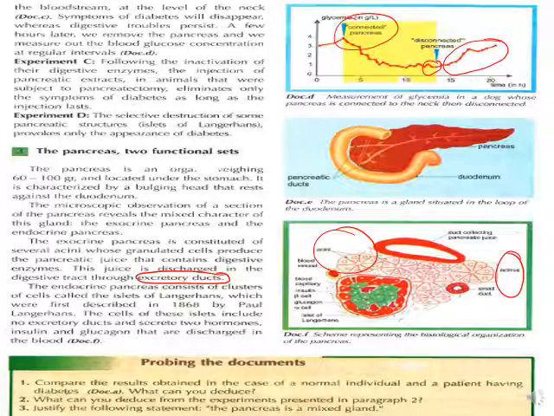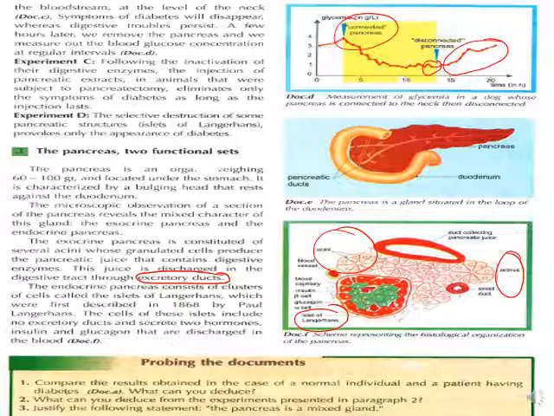The endocrine pancreas consists of clusters of cells called islets of Langerhans. These islets were first described in 1869 by Paul Langerhans, that's why they're called islets of Langerhans. The cells of these islets include no excretory ducts and secrete 2 hormones, insulin and glucagon, that are discharged in the blood.